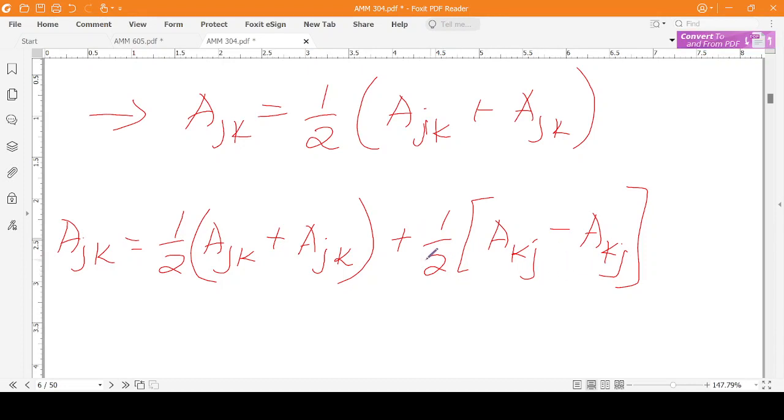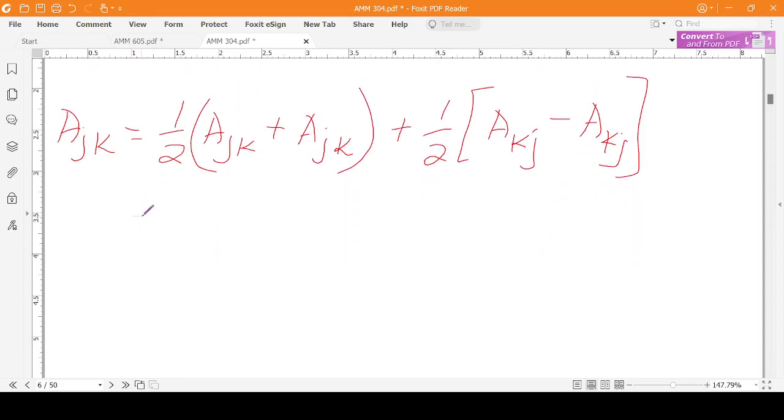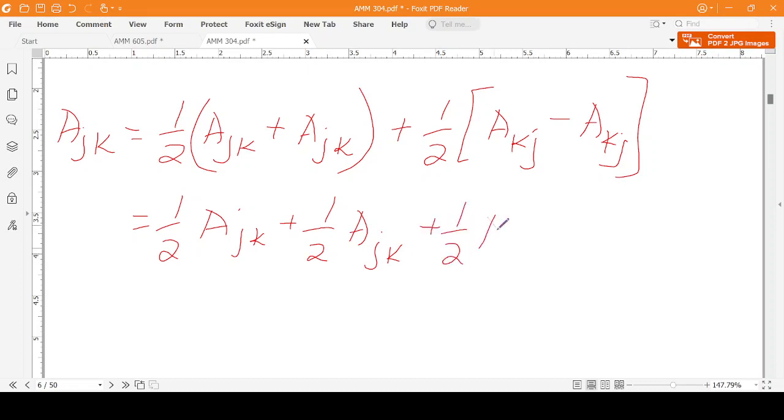So if we open the brackets, this is equal to a half Ajk plus a half Ajk plus a half Akj minus a half Akj, which we can rearrange.